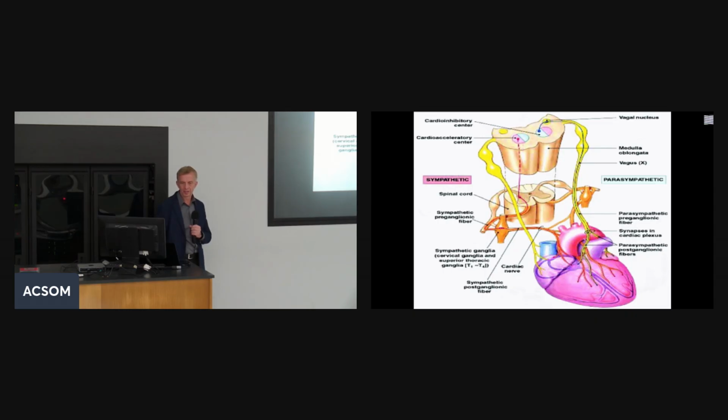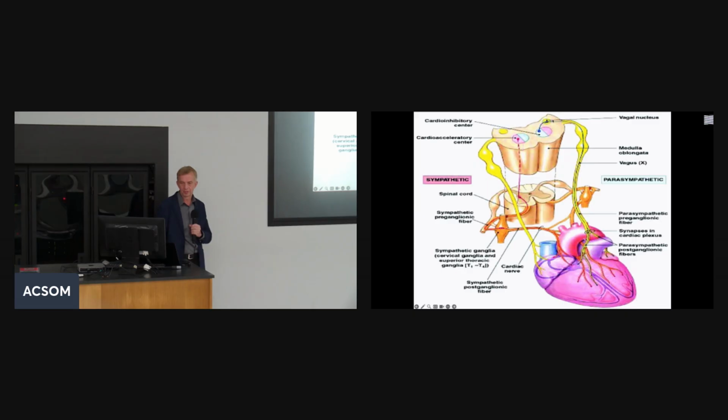Here, I don't know if you see it clearly, are the cardiac centers in the medulla oblongata. There is a cardioacceleratory center and a cardioinhibitory center, and cranial nerve 10, the vagus nerve, originates here.